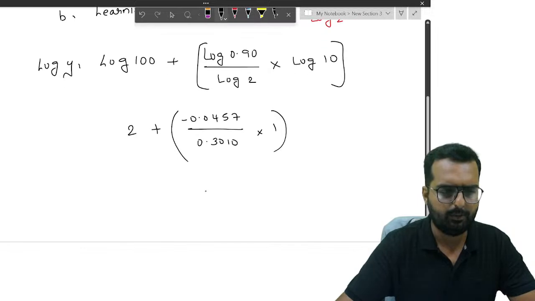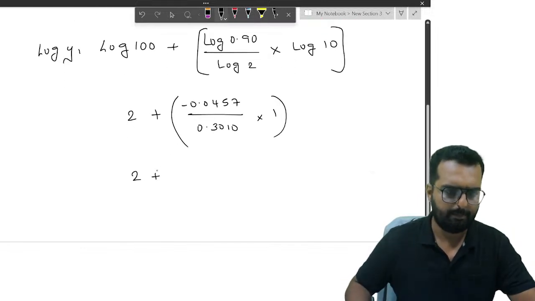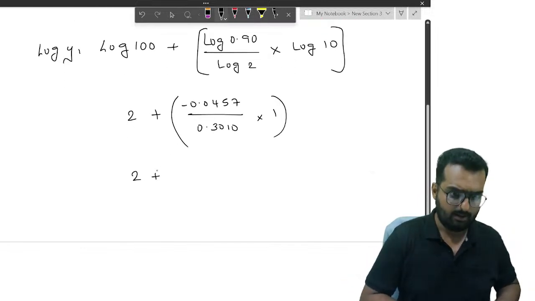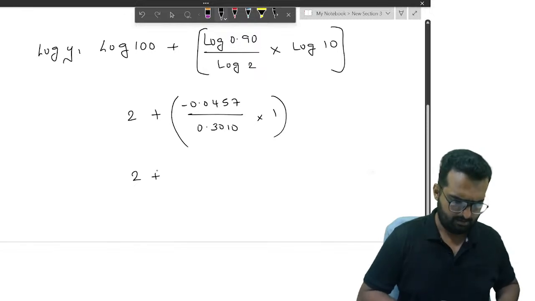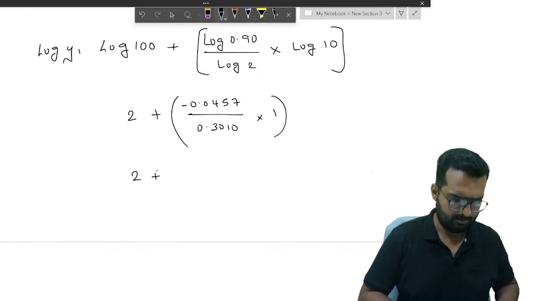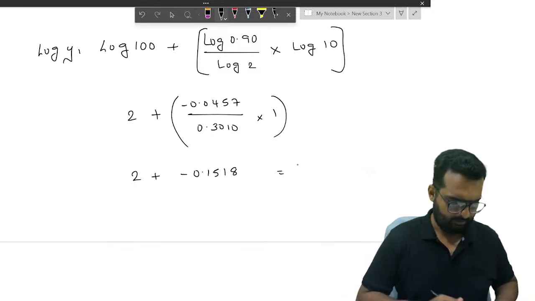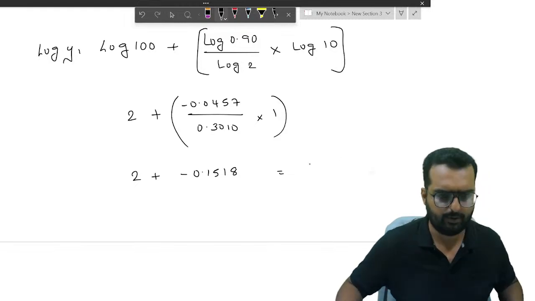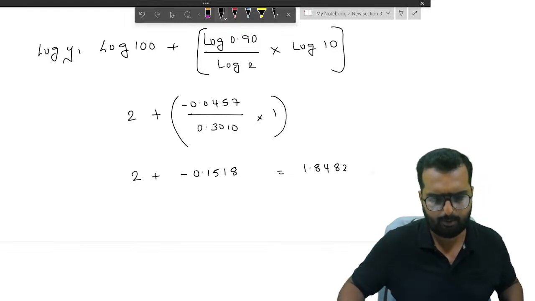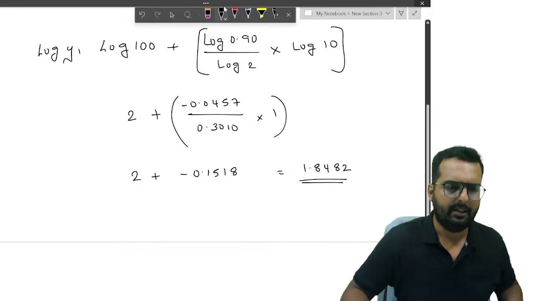Alright, so the equation would turn out to be 2 minus 0.1518. So 2 minus 0.1518 will give you the answer as 1.8482.